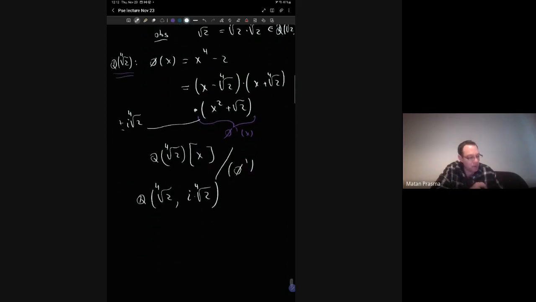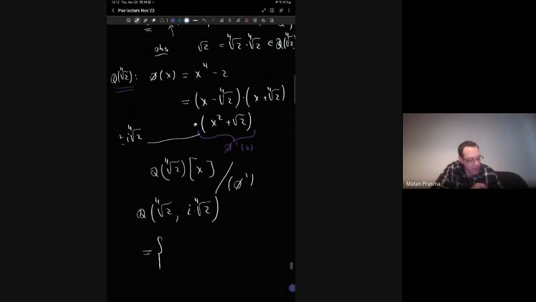Okay, so how do you write it? This guy is all the elements of the form A plus B fourth root of 2 plus C times I fourth root of 2, where A, B, and C are elements in Q.